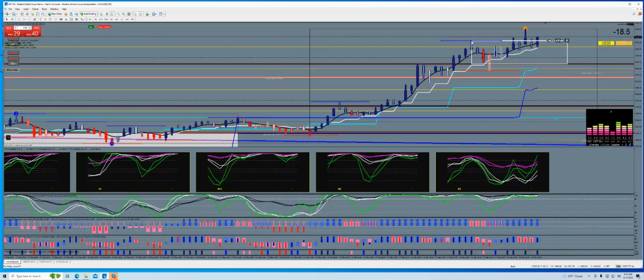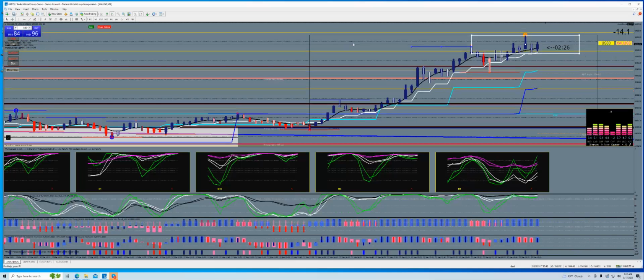Let's see, I'm trying to draw my range now. New peak. And this is approximately my new range, small range. Good thing the 13.32 is still down here.